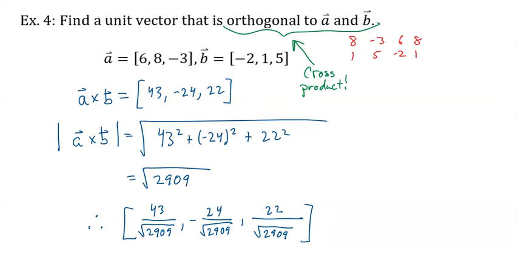Okay, so again, to find this vector, I did 8 times 5, so 40 minus negative 3. 40 plus 3 is 43. 6 minus 30 is negative 24. 6 plus 16 is 22. Find the magnitude with this little formula, and then just write it out like that. Any questions?